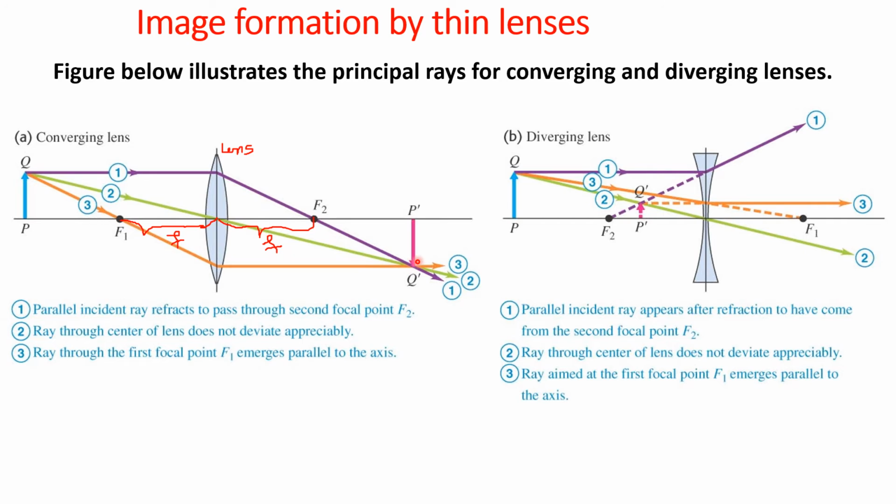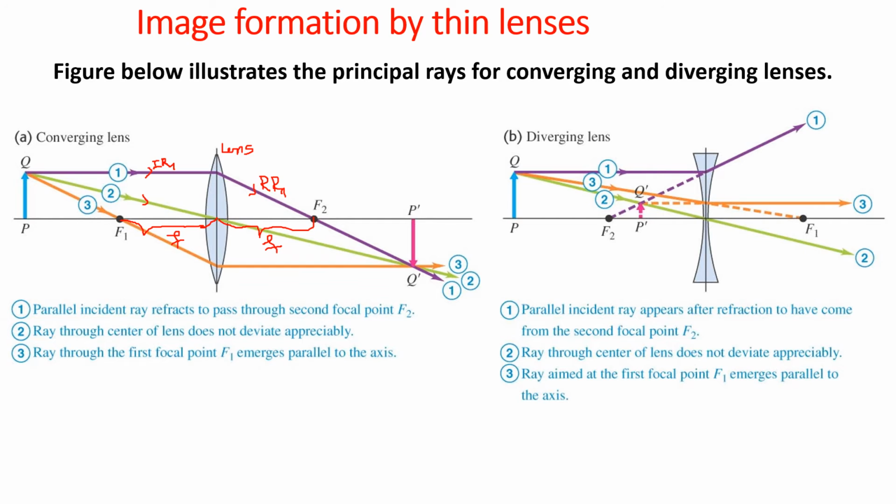Then this is where the image is formed, image P prime Q prime. And this is the first incident ray, incident ray number 1, and this is refracted ray number 1.